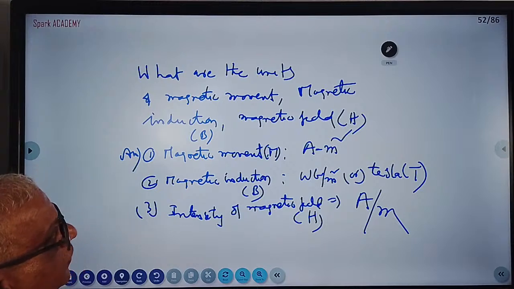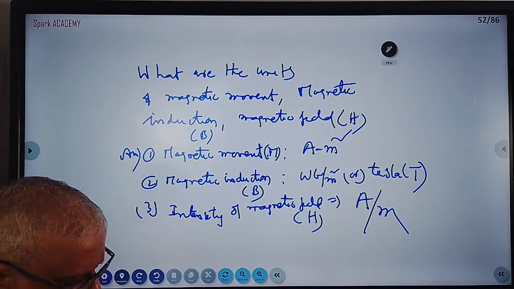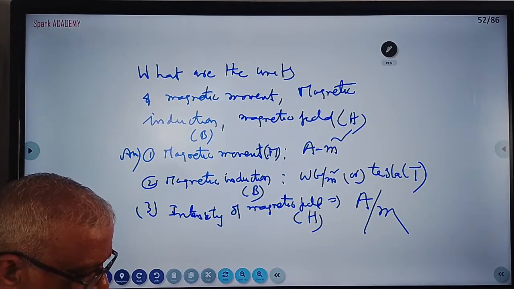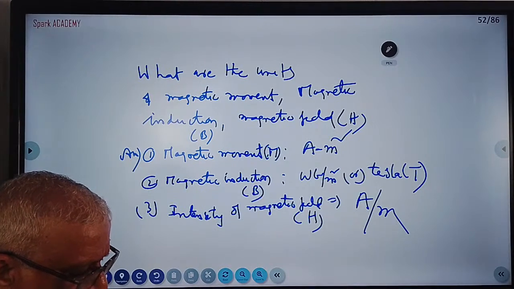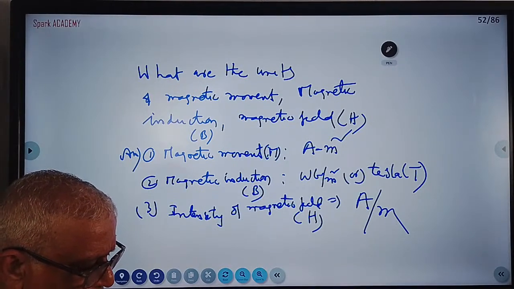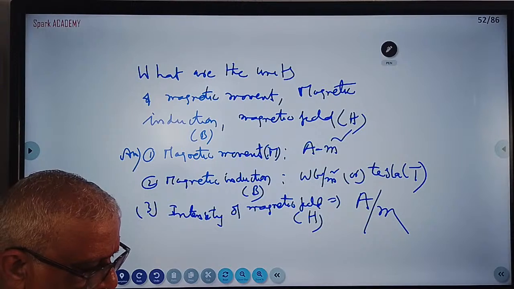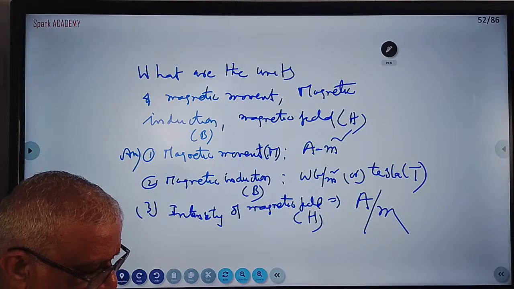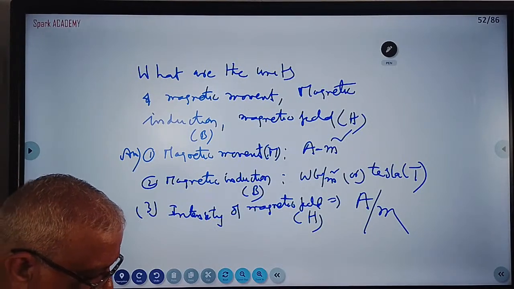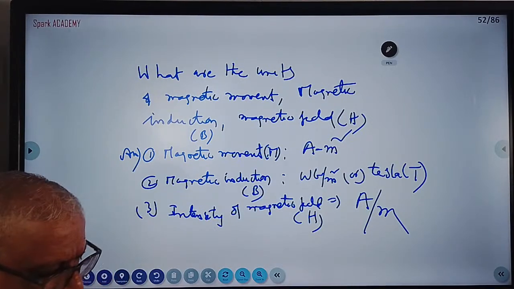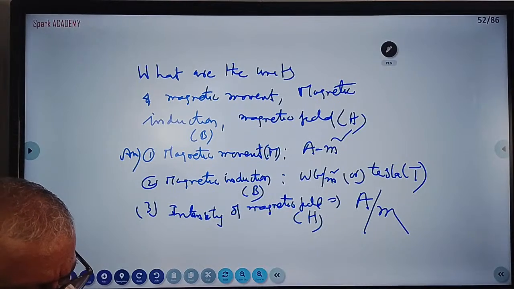These are the questions we discussed in magnetism and matter.